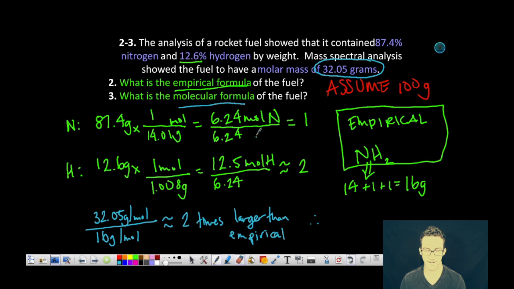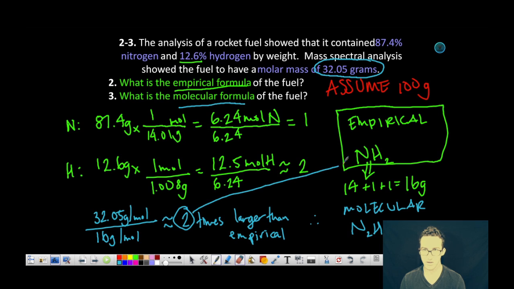Therefore, your molecular formula is going to be twice as big, or N2H4. We just use this multiplier and apply it to our subscripts to give us our molecular formula here, N2H4.